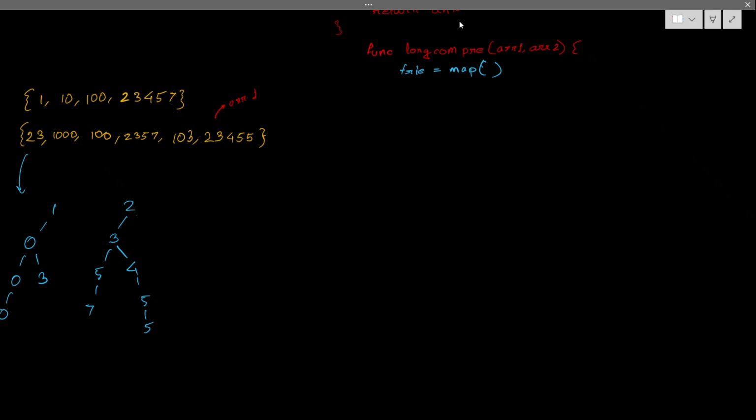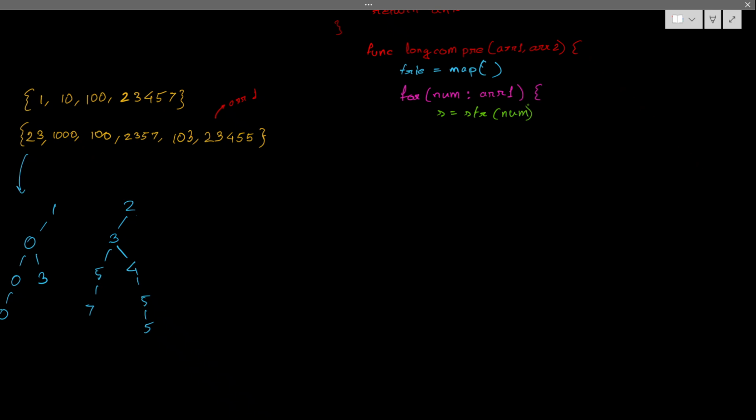Right now I need each and every number, so for each number in my array of one I'm doing this. As I told, for making the try tree I have to iterate from left to right. But it is very hard to go left to right in a number, so a better way is converting the number into a string. So I write the string is equal to string of current number.